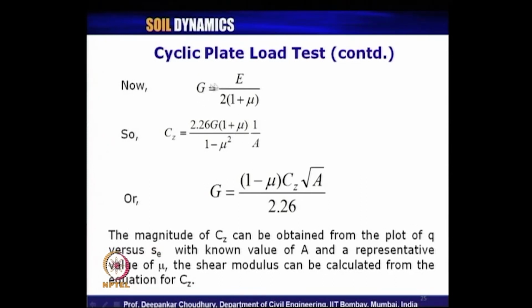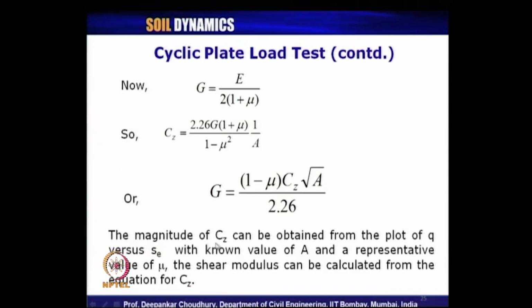This is the relation between G and E, as we know from the basics of Lame's constants. This is the relation between shear modulus and Young's modulus that we can use in the expression of Cz, which on simplification gives the expression to compute the value of G.